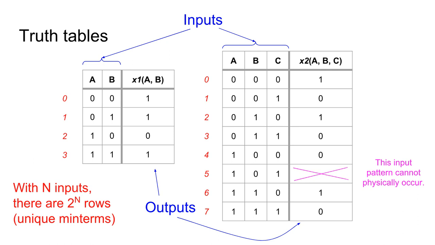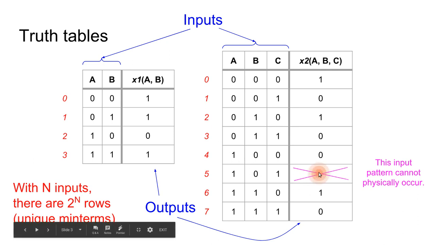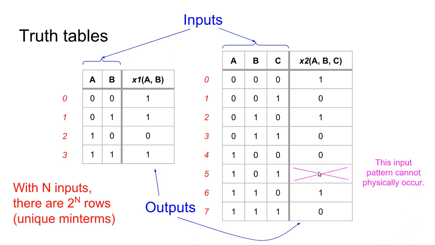Now in some cases, we see over here on the right, I've got this purple X. Now the purple part doesn't matter, or I guess it's magenta, but sometimes you will see truth tables where individual minterm rows in the output have x's in them. And what that means is that particular minterm pattern, that set of inputs, A, B, and C in this case, cannot physically occur.